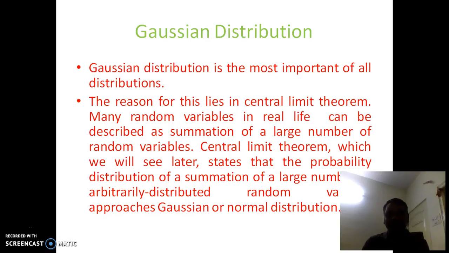Many random variables in real life can be described as summation of a large number of random variables. Central limit theorem, which we will see later, states that the probability distribution of a summation of a large number of arbitrarily distributed random variables approaches Gaussian or normal distribution.